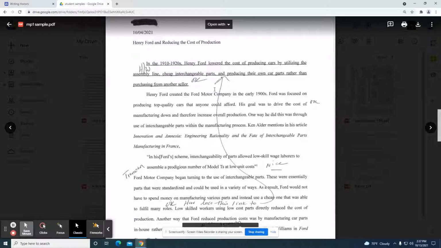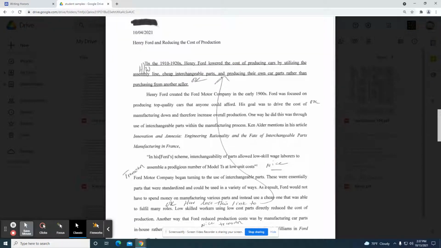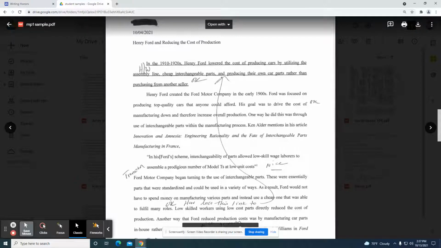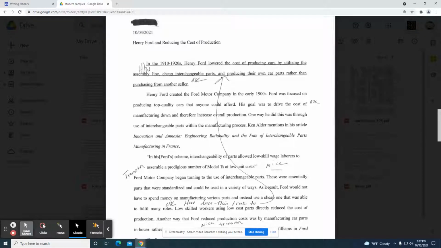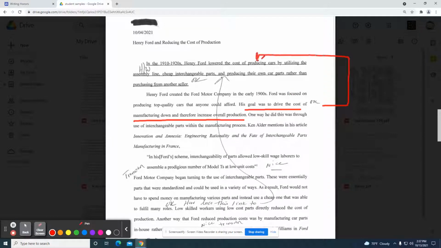So let's kind of move on here. I have this question, HW, how and why. Henry Ford created the Ford Motor Company in the 1900s. Ford was focused on producing top quality cars that anyone could afford. His goal was to drive the cost of manufacturing down and therefore increase overall production. So this section right here is significant because it is addressing this point here, and they are giving you some sort of historic context. Some students made the mistake of giving me their thesis and then going straight into a source.